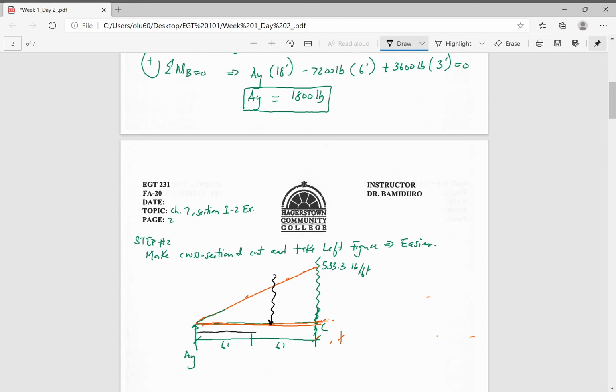From here to here is 8 feet, and from here to here is 4 feet. This is 1/2 times 12 feet times 533.33, which equals 3,200 pounds.